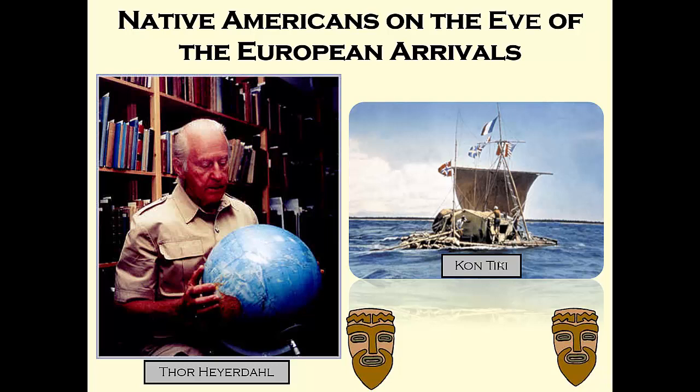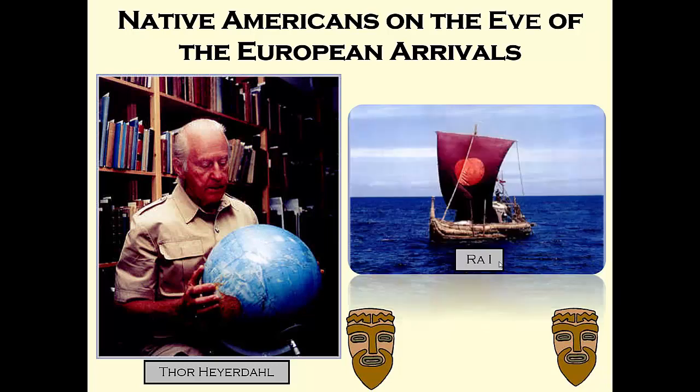Now, people said that was a fluke. So you got lucky, Thor. You can't base a theory of European exploration off of a fluke. Well, a few years later, in the late 60s, early 70s, Heyerdahl said, well, I'll do it again. And so he built a boat called Ra-1, built it out of papyrus, which the ancient Egyptians and Mediterranean peoples used to make paper, right, guys?